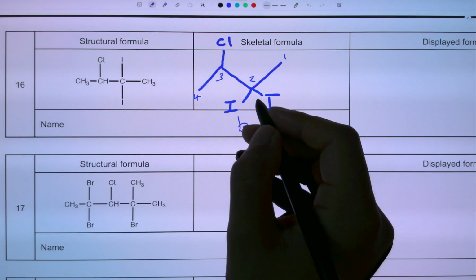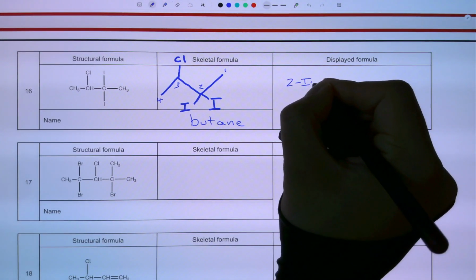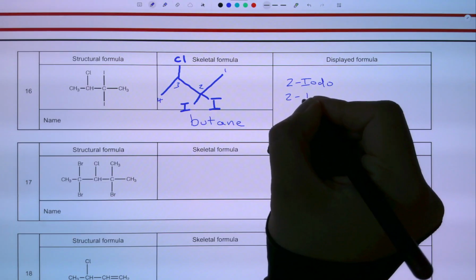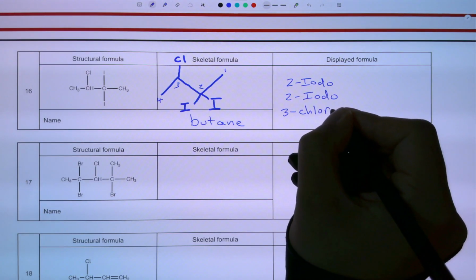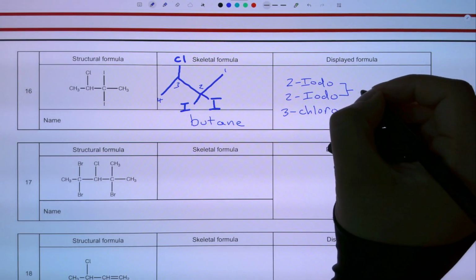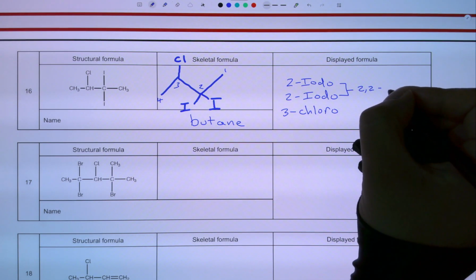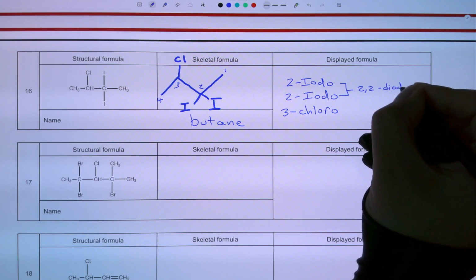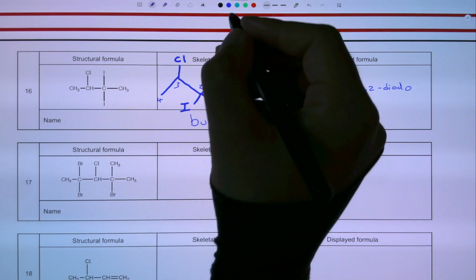And we have 2-iodo, another 2-iodo, and a 3-chloro. These two become 2,2-di-iodo, and the 3-chloro stays how it is.